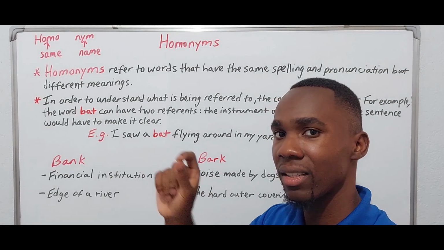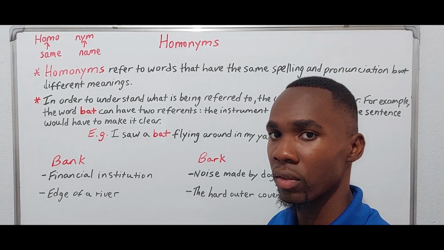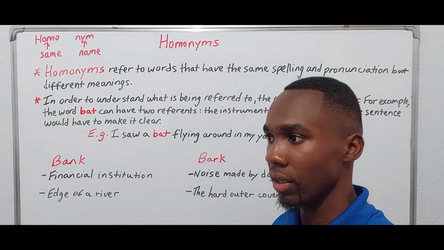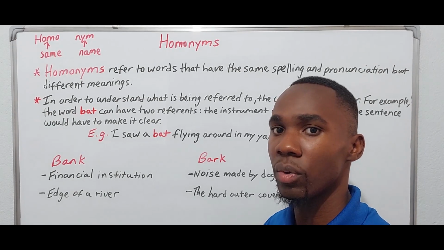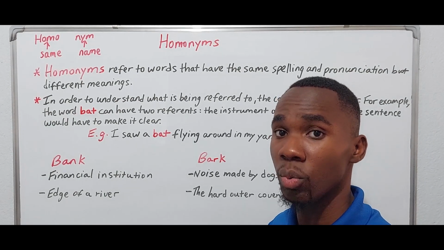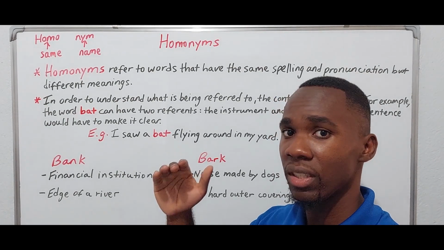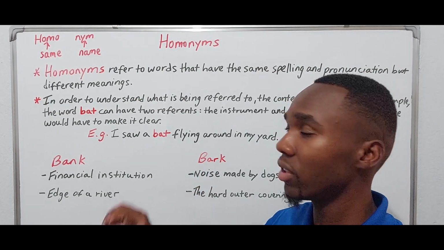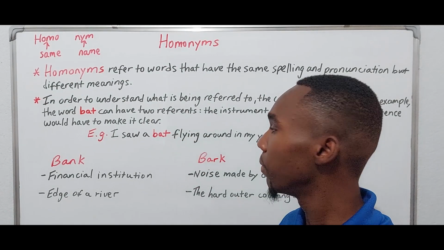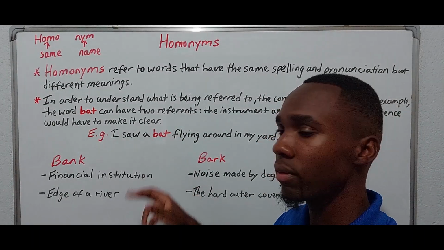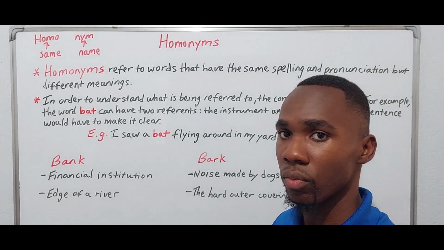So those are recognized as separate words, right? Those are different words. Even though they have the same spelling and pronunciation, they're actually different words. The meanings have nothing to do with each other. So they're actually separated, right? So this is what we call homonyms, right? So bat 1 and bat 2.